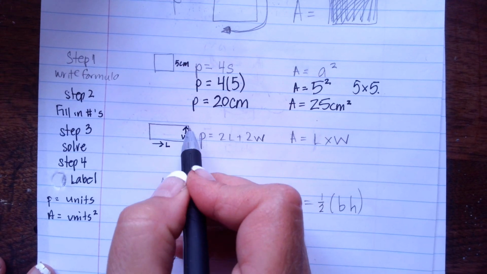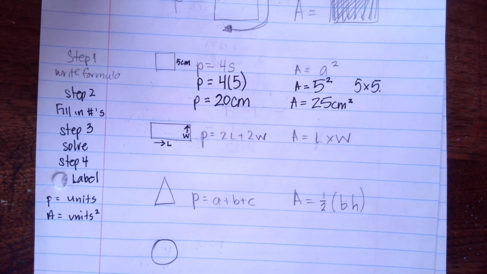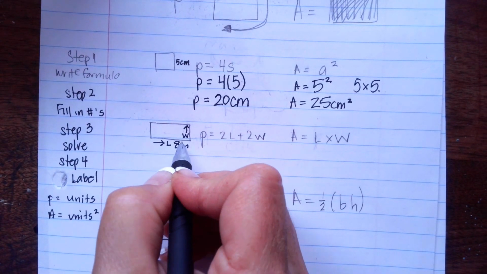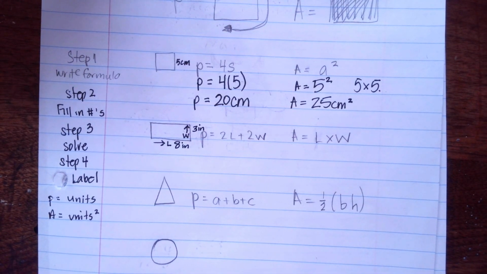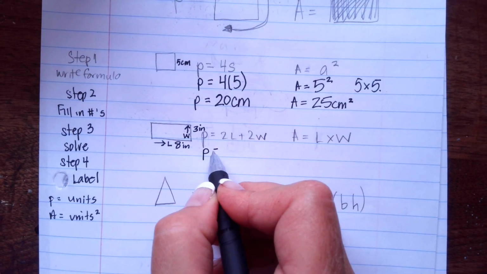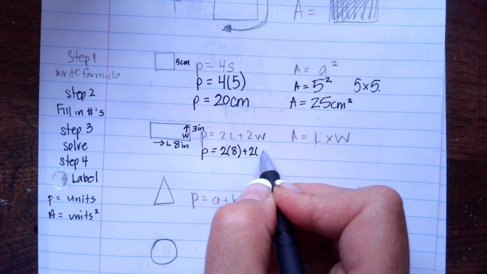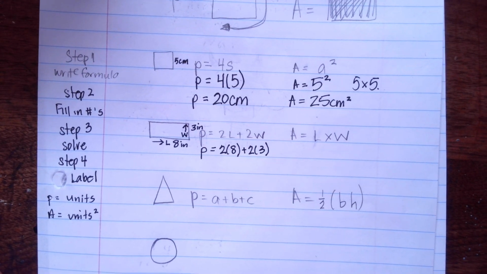The width is the up and down, and the length is the across. So let's say our length is 8 inches and our width is 3 inches. Then we're going to do P equals 2 times 8 plus 2 times 3. And we always do our multiplication first.